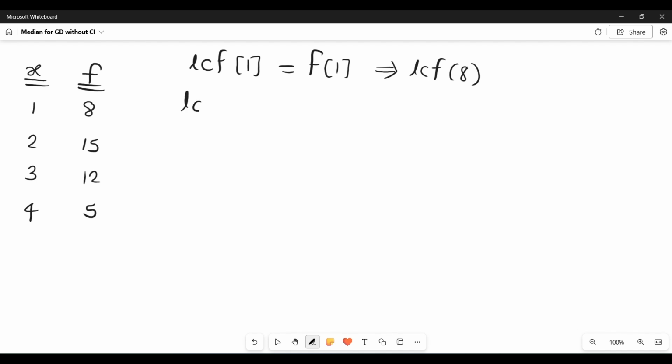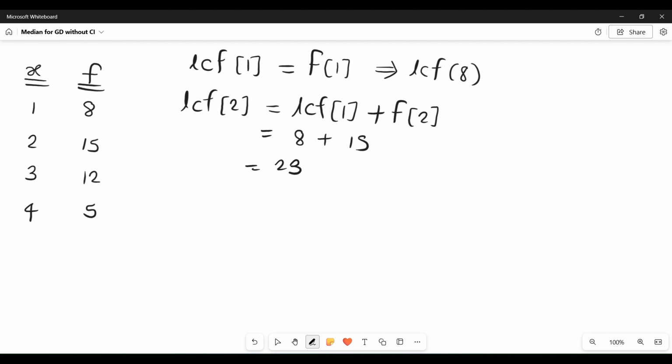Next, LCF of 2 should be equal to the previous value of LCF, that is LCF of 1, plus the current value of frequency, that is f of 2. So LCF of 1, the previous value, was 8, plus the current frequency value 15, that is equal to 23. At this point of time, LCF is storing these two values, 8 and 23.